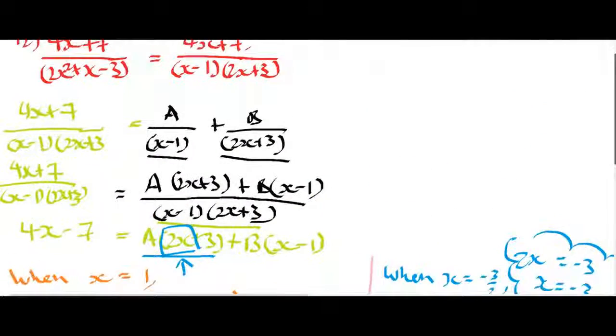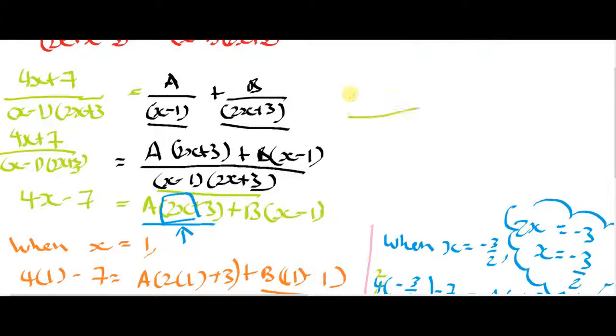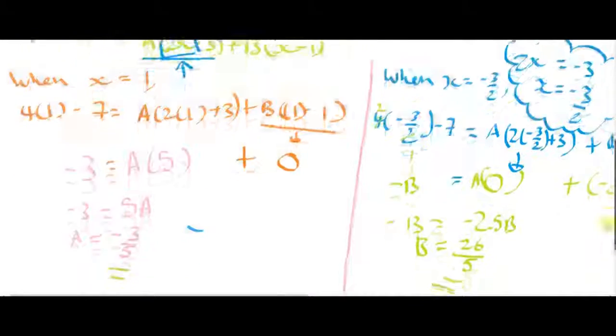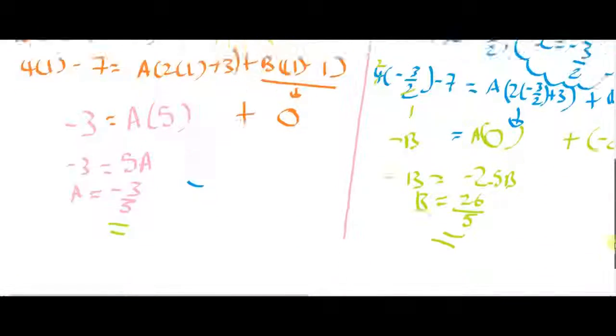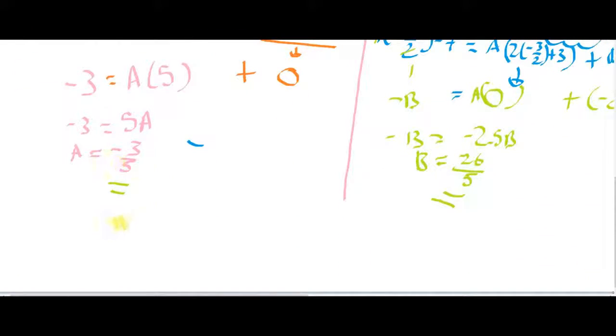So if we go back over here to this line, we can sub in these values. This is the partial fraction, right? Well, A is minus 3 over 5, so minus 3 over 5 over (x - 1). Remember, x minus 1, right?